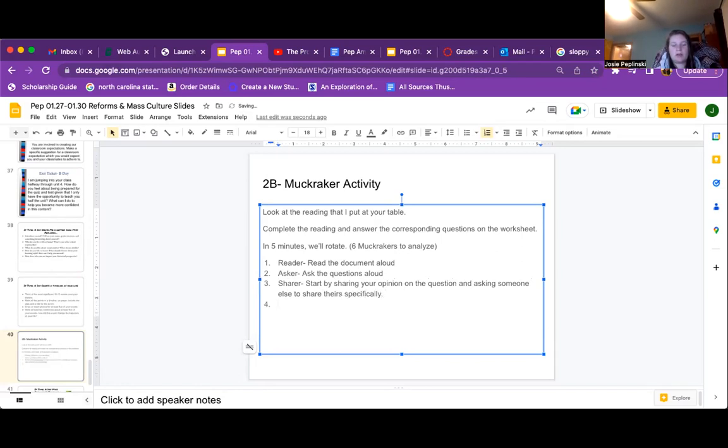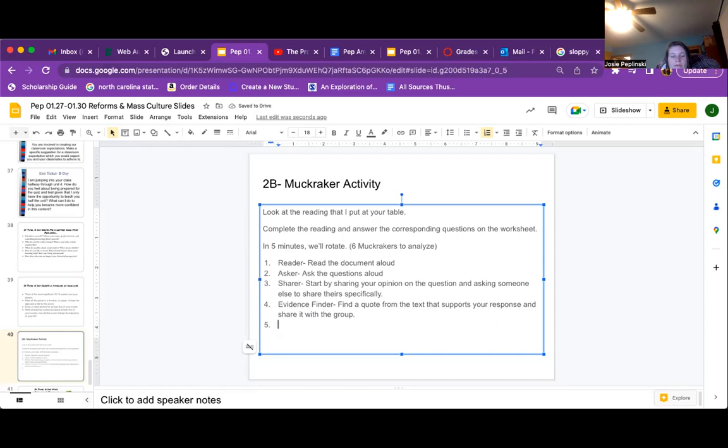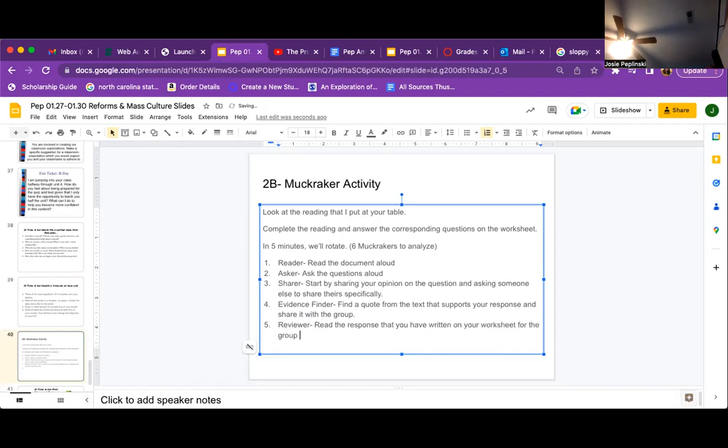One person will be the evidence finder. Find a quote from the text that supports your response and share it with the group. One person will be the reviewer. Read the response that you have written on your worksheet for the group to review. One person will be the pacer. Keep the group on pace.